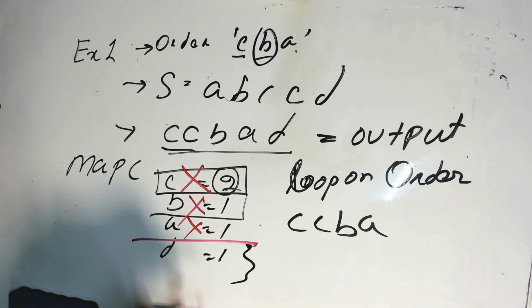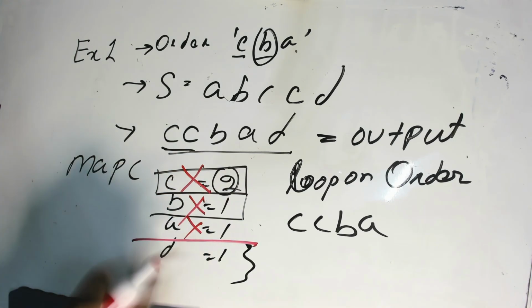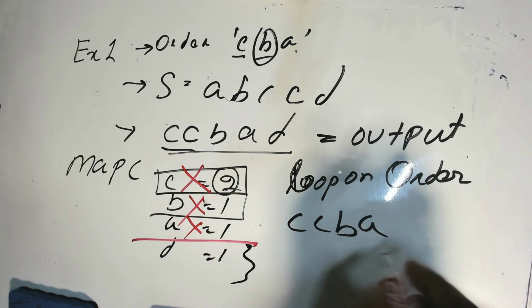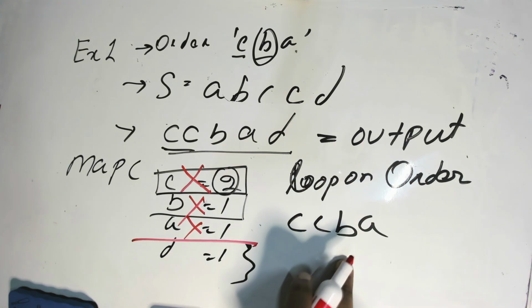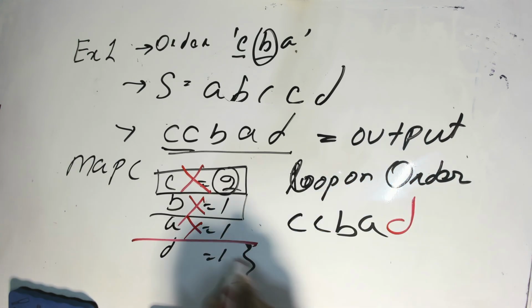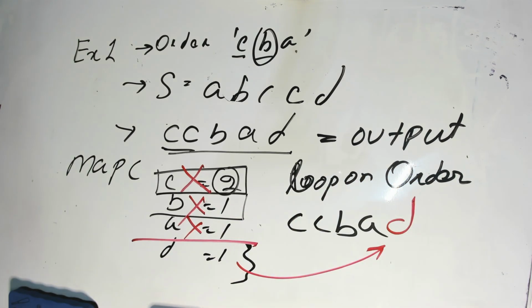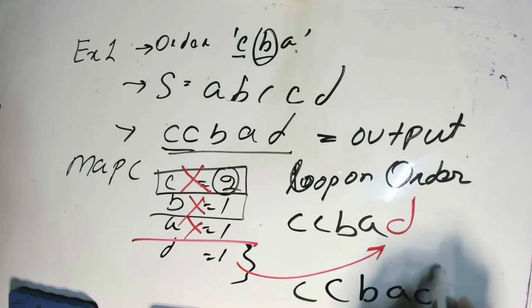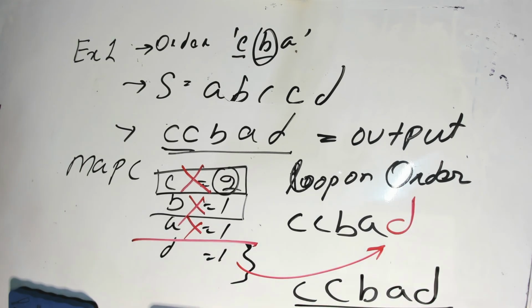Then we're going to find the keys, and whatever is left in the map, again we're going to keep adding it to the string. So D will be added here from the map, and at the end our output becomes CCBAD. Bingo, this is what we need.